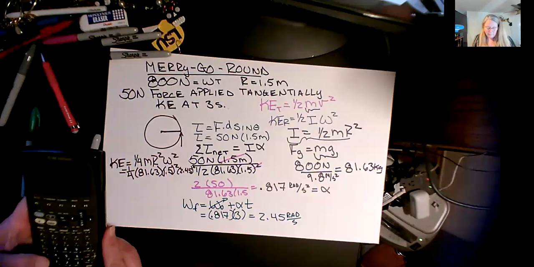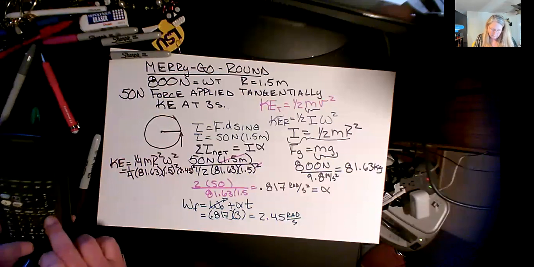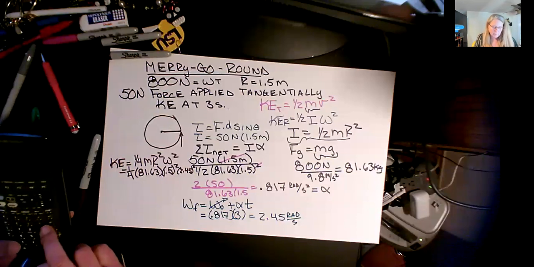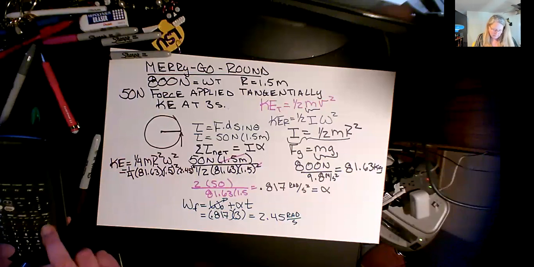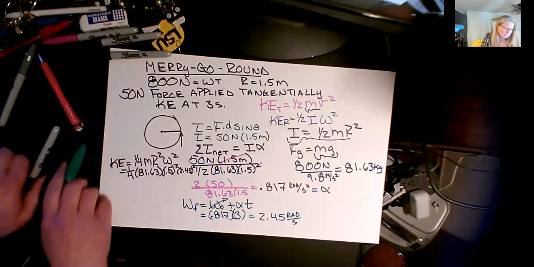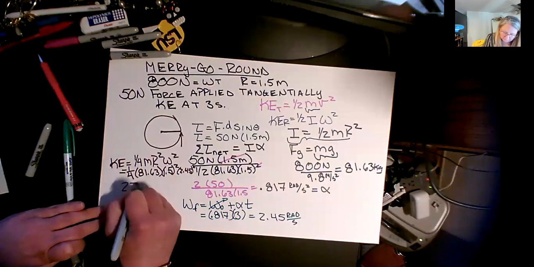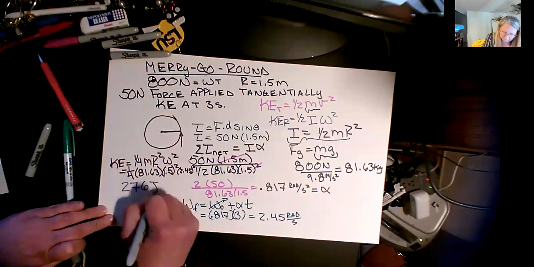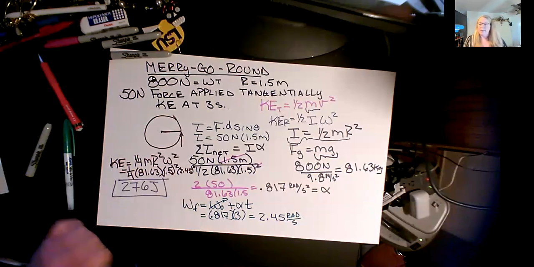Okay, so let's see what we get. All of that divided by 4 gives me a kinetic energy of 276 joules. There we go. So not too bad.